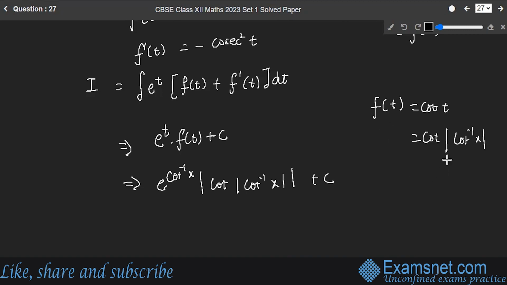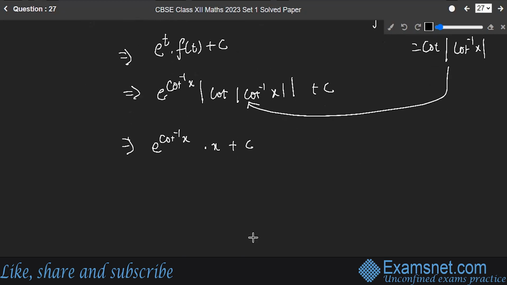So f(t) can be written as this, correct? This gives you e raised to power cot inverse x into x plus c, or let's write it properly. You have x into e raised to power cot inverse x plus c as the answer. Hope you understood this. Let's move to the next question then.